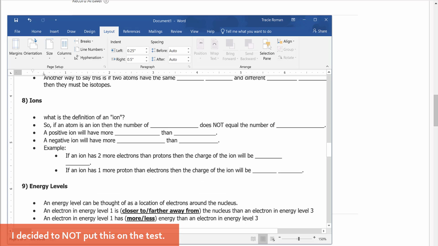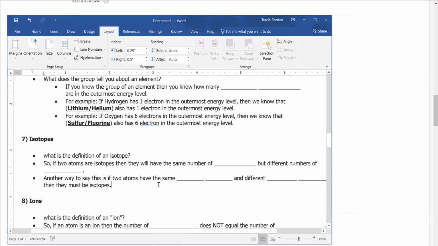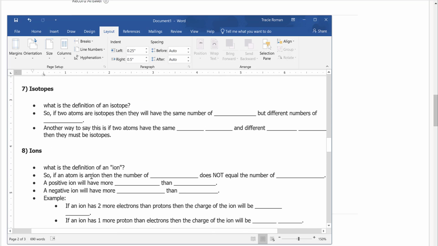So let's go back to our study guide. An isotope has the same number of protons. Each atom would have the same number of protons, but then those atoms would have different numbers of neutrons. So be sure to stress that the isotope definition is between 2 atoms, whereas the ion definition is just 1 atom.